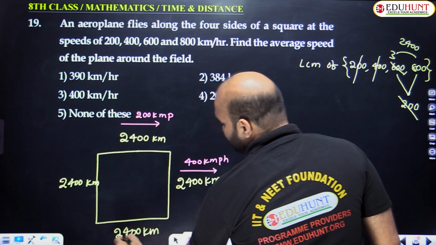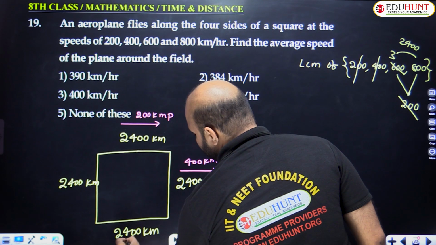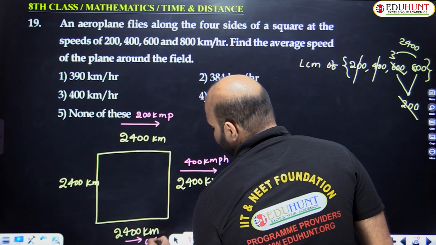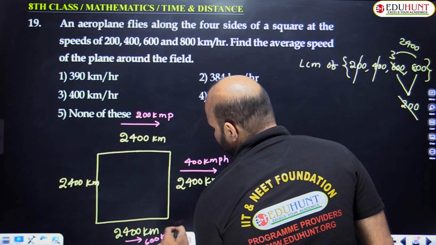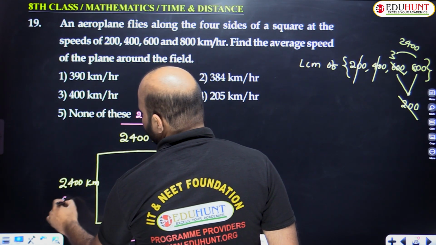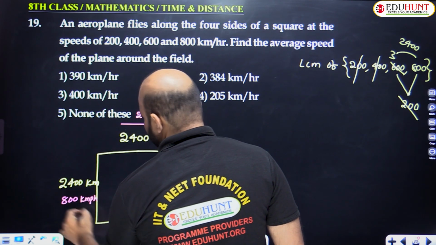The third 2400 kilometers is run at 600 km per hour. And the last side, the same distance of 2400 kilometers, is covered at 800 km per hour.